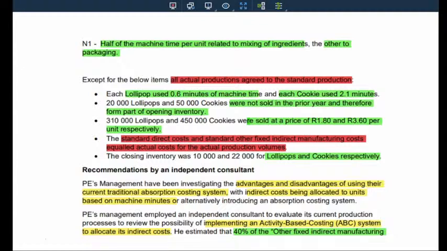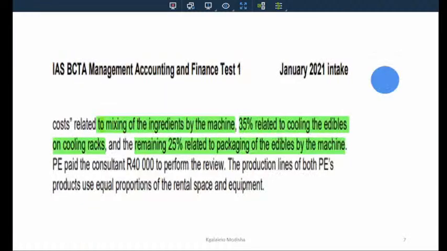Now we start getting information about this activity-based costing, right? They tell you that he estimated that 40% of the other fixed indirect manufacturing costs relate to mixing of ingredients by the machine, 35% relate to cooling the edibles on the cooling racks, and the remaining 25% relates to the packaging of the edibles by the machine.